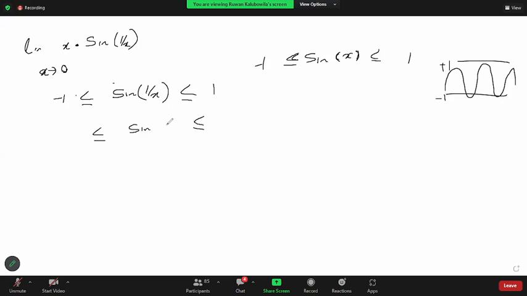Then I will multiply all the terms by x. Can I write this down this way?